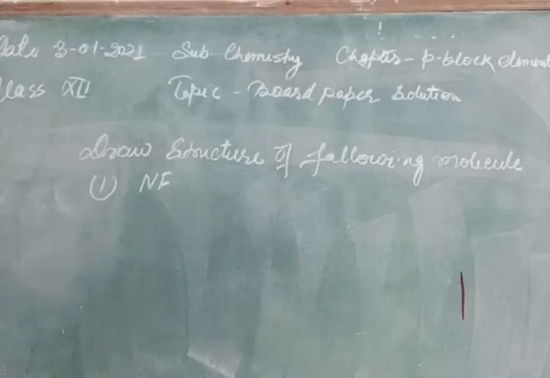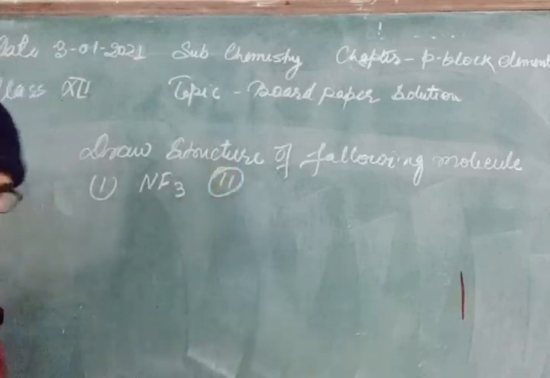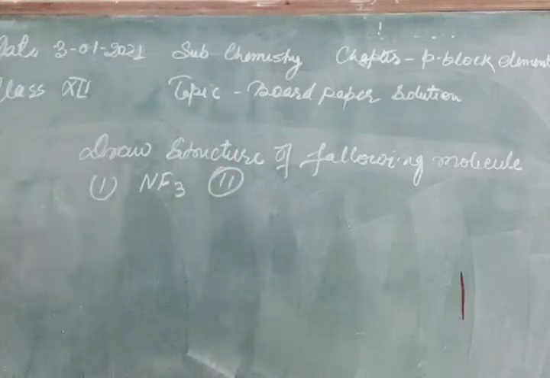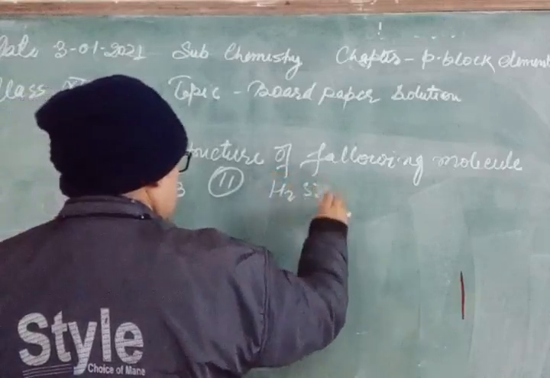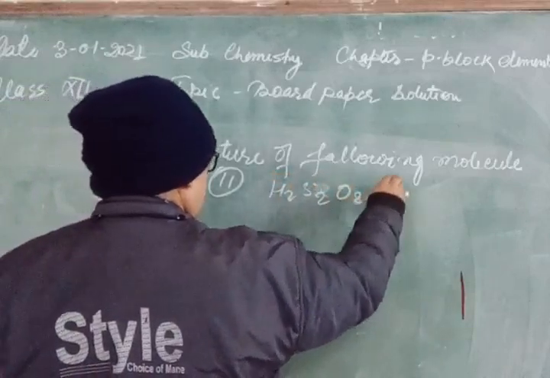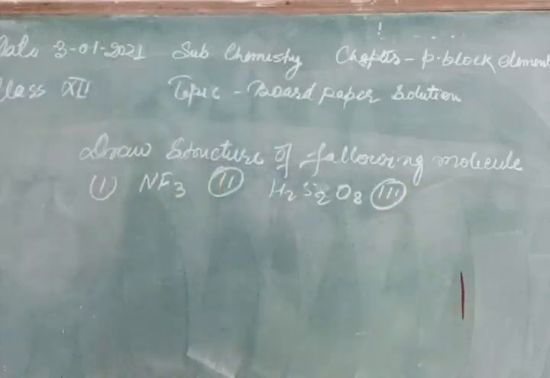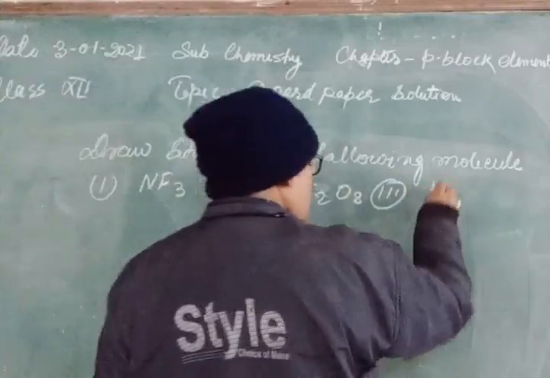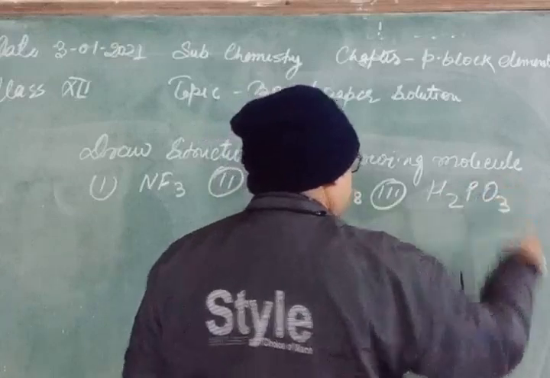NF3, the second one is H2S2O8, and the third one is H3PO3, which we have already discussed.